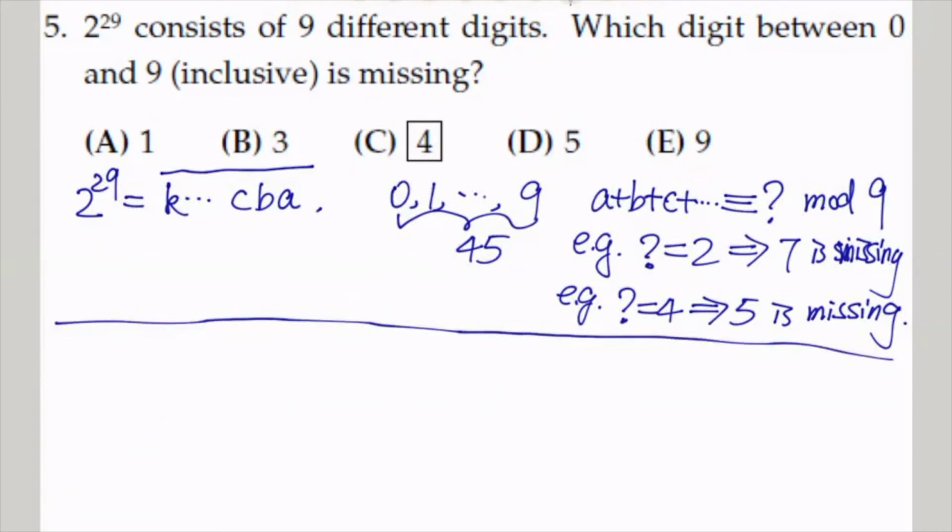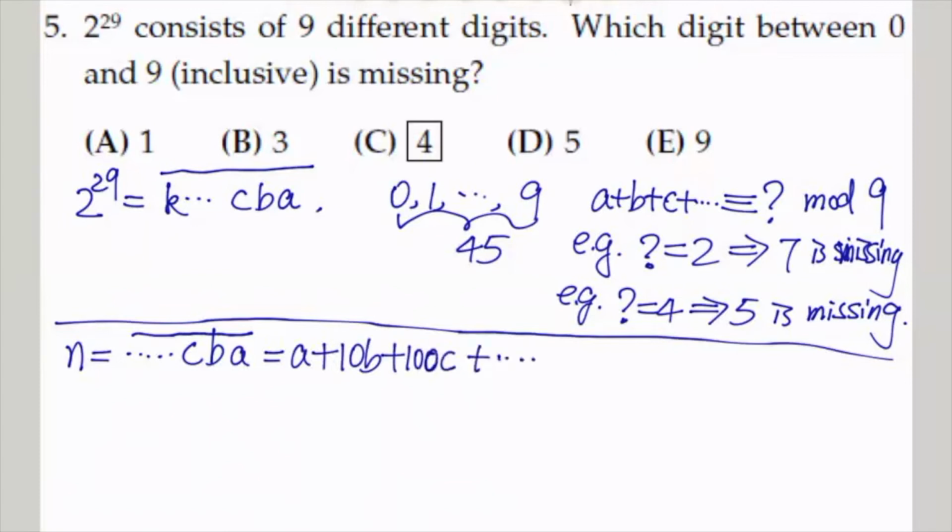Okay, so next we look at a number. Let's call it n. Let's say that the unit digit is A, the 10th is B, the 100th is C. The number has many digits. We don't care about how many digits. Okay. And we can express n in terms of A plus 10B plus 100C plus dot, dot, dot. And then we take the digits, which is the sum of the digits.